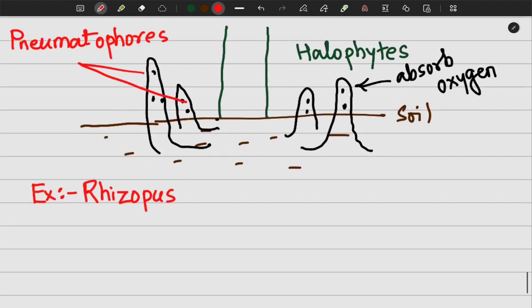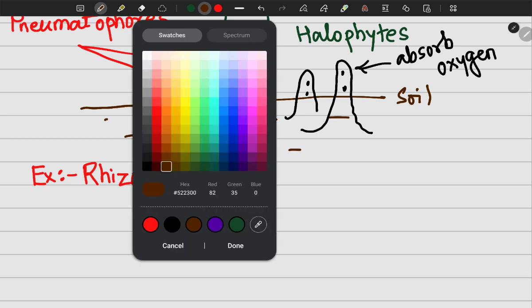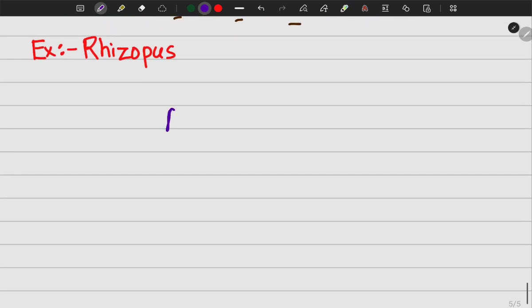And there's one more example given in the NCERT, which is of asparagus. Can you tell me what kind of modification of root is found in asparagus?